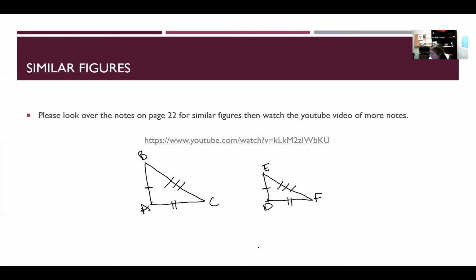So when you look at these, we can compare, you know, AB compares to DE. And we can say AC compares to DF, and we can say BC compares to EF. Okay, so notice how all the top are this triangle and all the bottom are this triangle. Okay, and so this is what that video goes over for you guys.